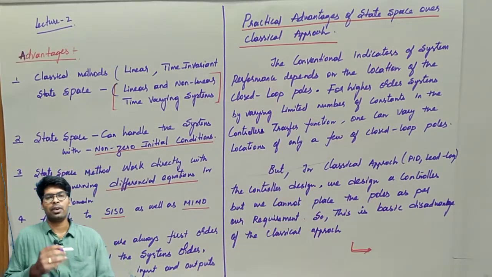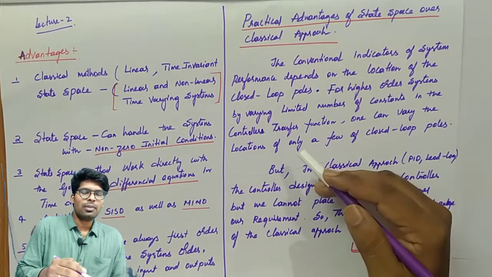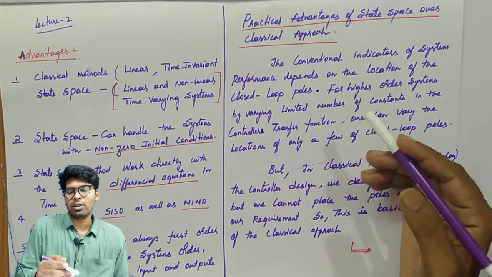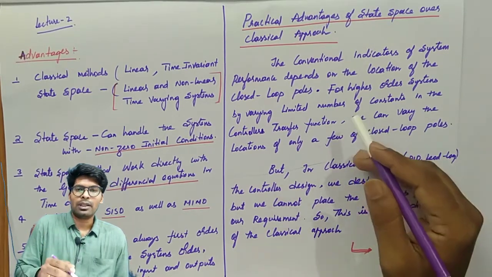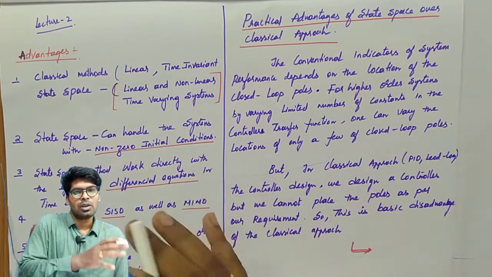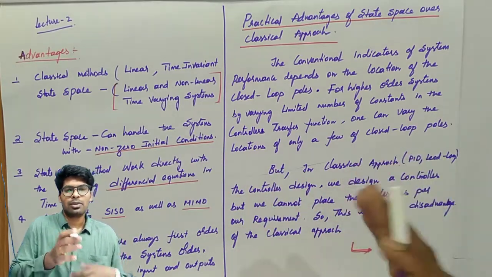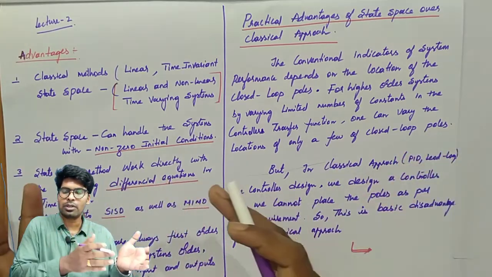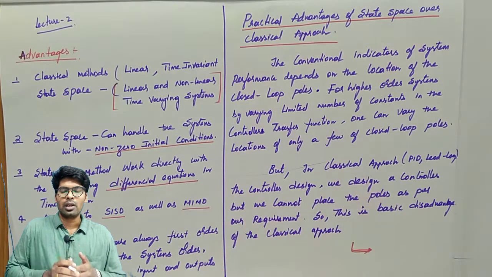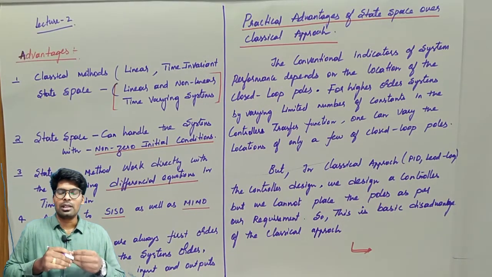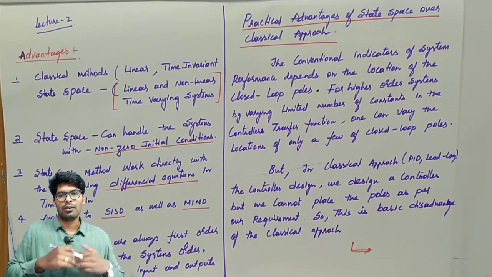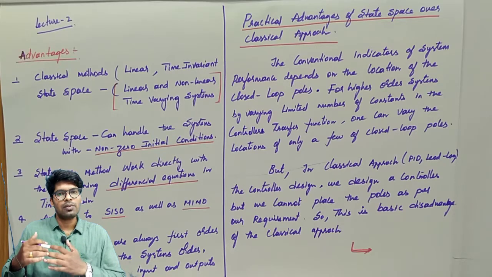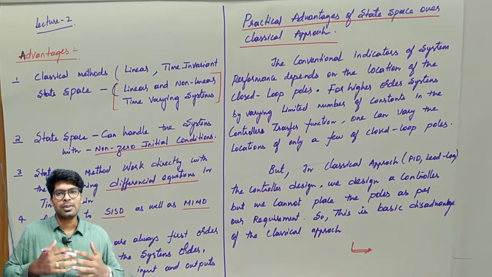For example, in an RL circuit, the current through the inductor initially may not be 0. If the inductor was charged by some source and we switch to another source, the inductor already has an initial current. So in such cases also we can deal with the system in state space analysis.